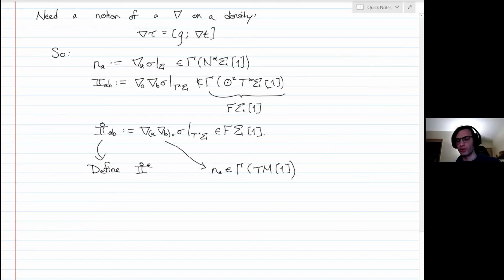Only when you restrict it to the hypersurface does it become density valued. Otherwise you would get some term that looks like d omega when you rescale the metric. It just doesn't work out. And so taking a normal derivative of that, there's no reason to think that it would produce something that is conformally invariant.